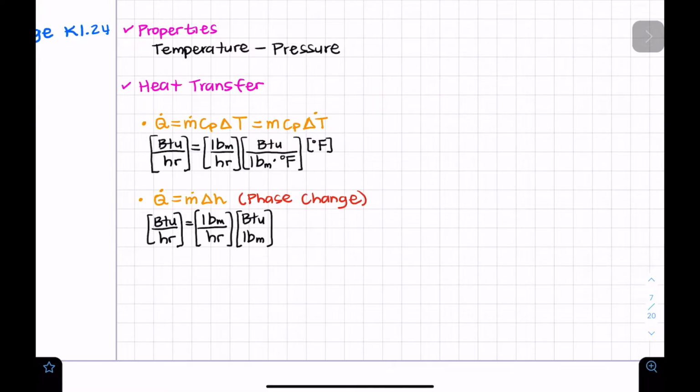We definitely remember this one: Q equals m Cp delta T, or Q equals m delta H. When do we use these formulas for heat transfer? If we have a change in phase, we use the formula with the enthalpy. If we don't have a phase change, we can use this one.